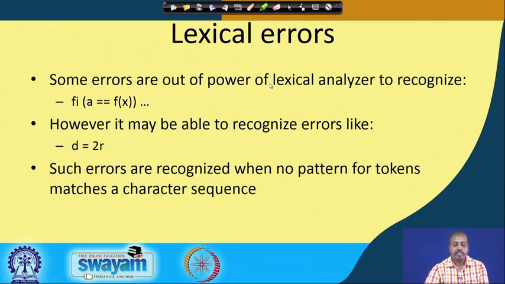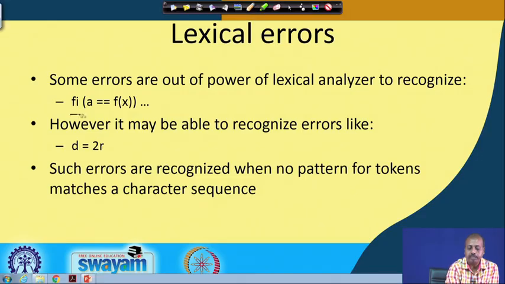There can be lexical errors. Lexical errors are situations where errors are out of the power of the lexical analyzer to recognize. There are some errors the tool cannot identify, like this one: in some C language program we have written something like this.